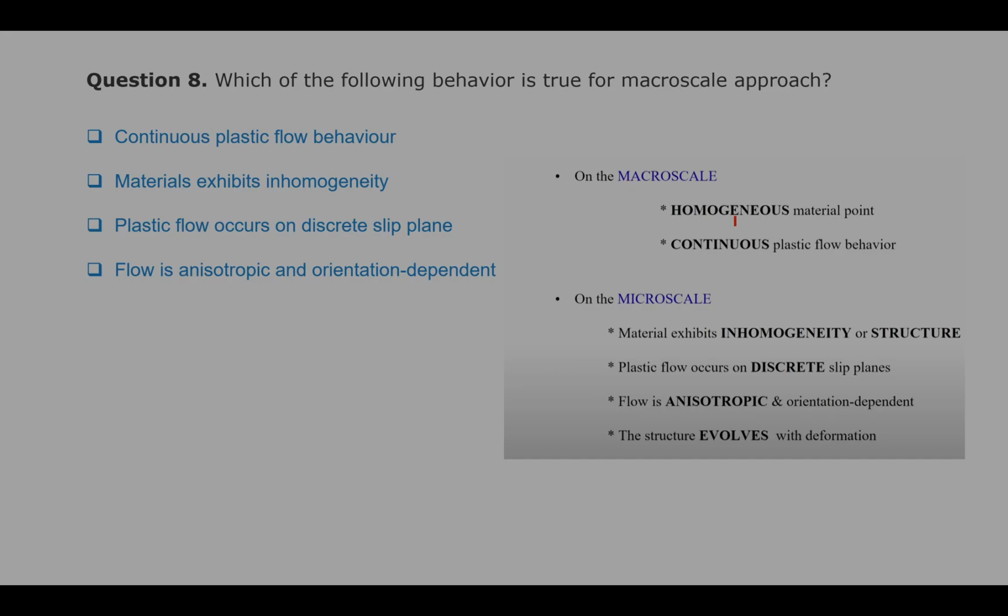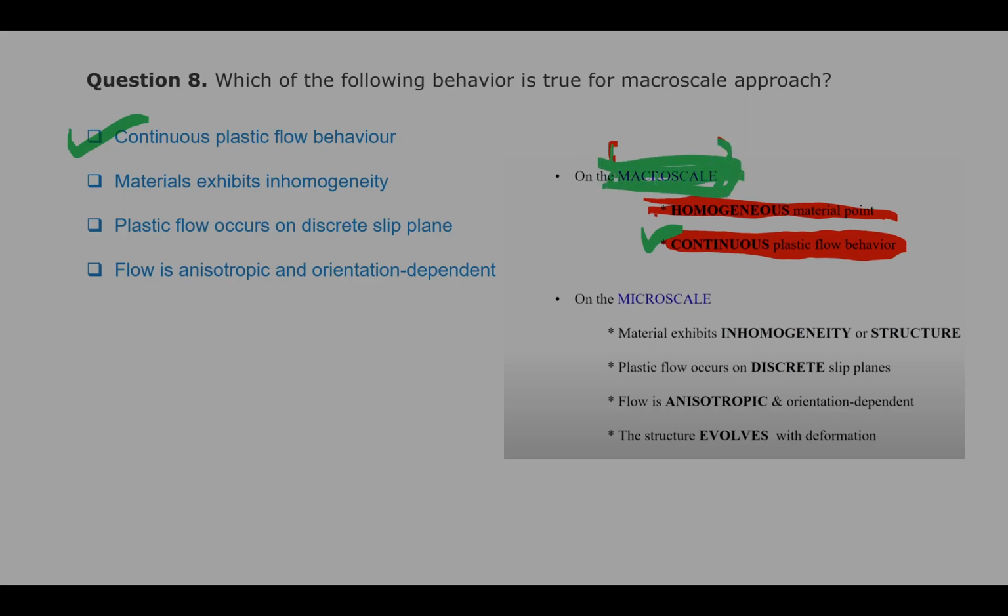So for macro scale, the homogeneous material, you can see here, homogeneous material points, and the other one is this: continuous plastic flow behavior. According to this, the correct answer is continuous plastic flow behavior, because they are asking about the macro scale approach. So this is the macro scale approach.